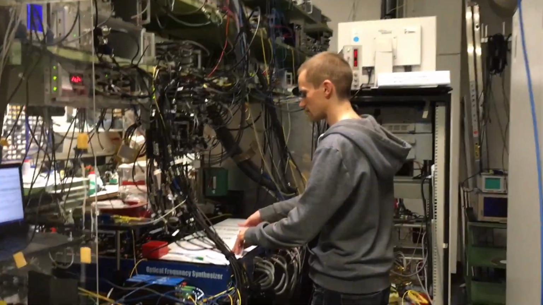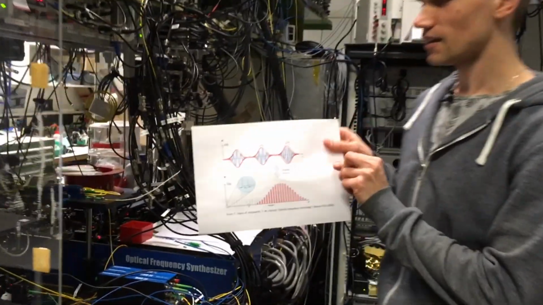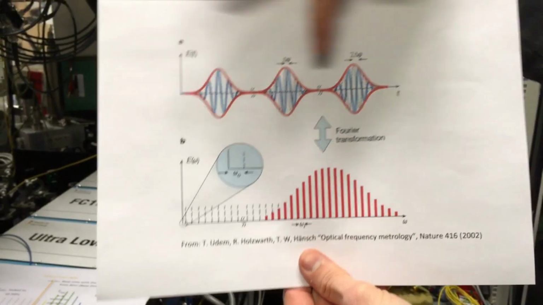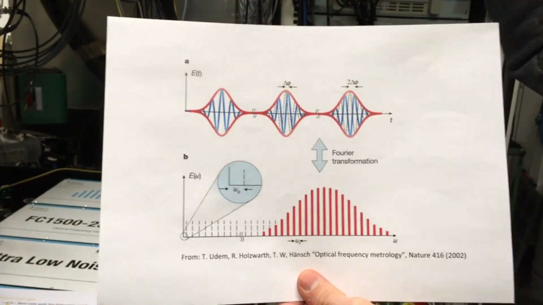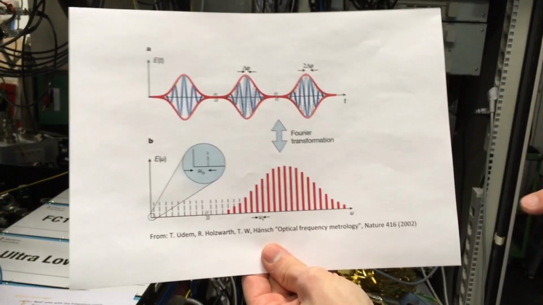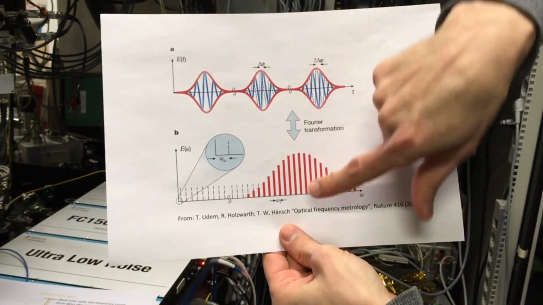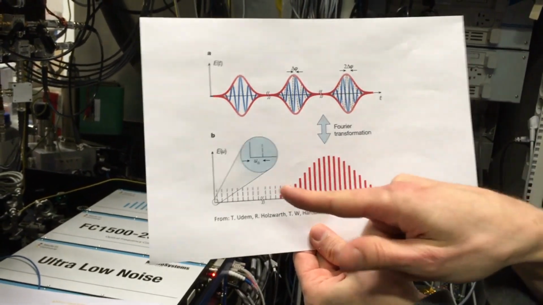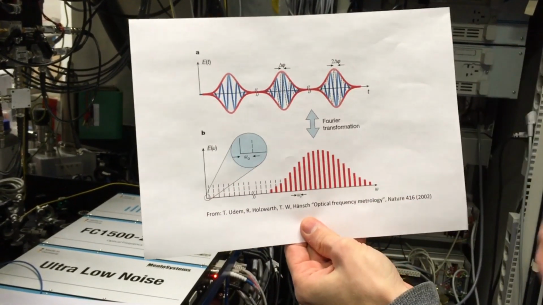Now, just in a nutshell, basically, the frequency comb is a pulsed laser. So in the time domain, you have pulses separated in time, and in the frequency domain, you have this comb separated by the repetition rate frequency. Okay, and there is this offset frequency on the scale, which you also need to know.